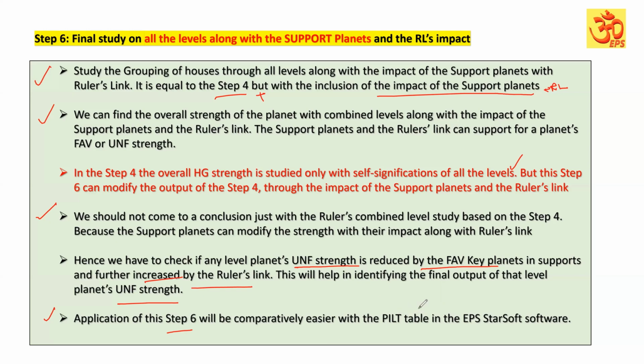One of those important tools is called the PILT table. What the PILT table is and what its importance is, I will explain in detail in a different part. But you have to keep in mind that steps number 5 and 6 will be comparatively easier with the PILT table in EPS Star Soft. Now I will explain step number 6 with one example, so it can be useful.